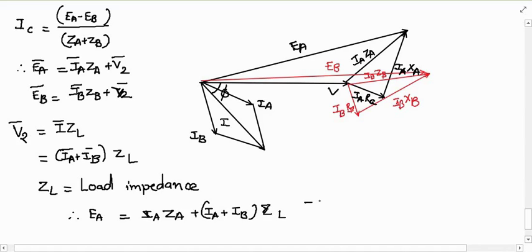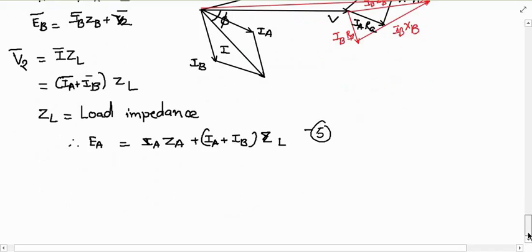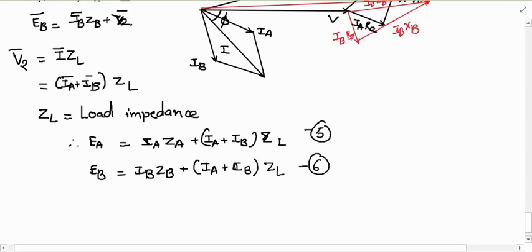This is your equation number 5. Similarly, I can write down for EB. What is EB? IB ZB plus V2. What is V2? IA plus IB into ZL. This is your equation number 6.